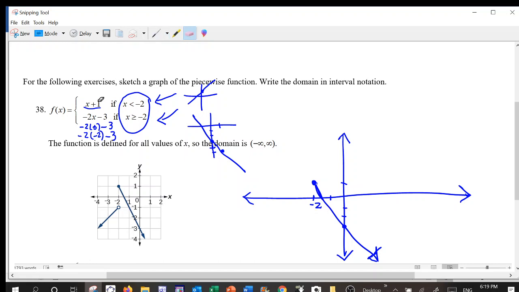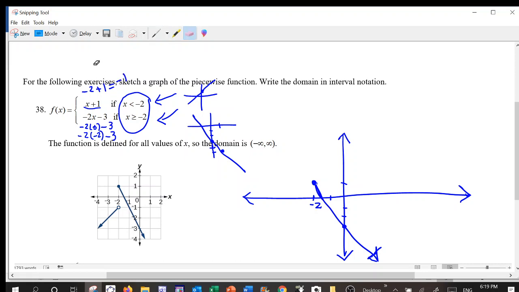Well, if I put -2 here, which I'm not supposed to, because it says when x is -2, use this, right? See the equality here? So when the domain value is -2, use this. So I'm going to use -2 here. I get -1.